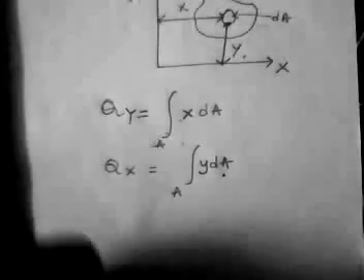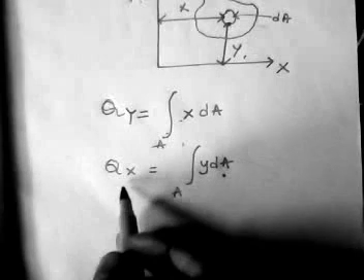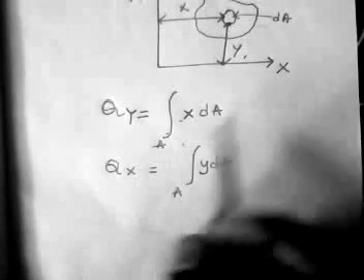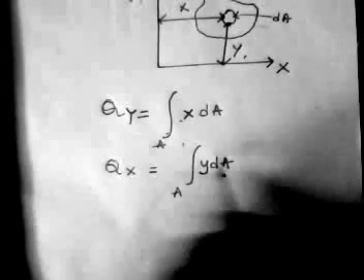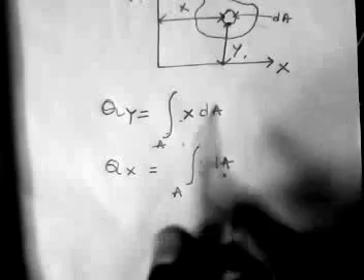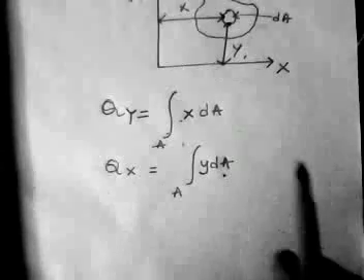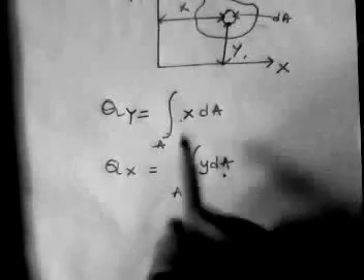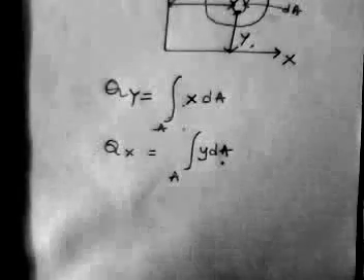If you integrate over the whole area, we will have the magnitude of the first area moment with respect to the x-axis. So we have to construct a function, and then we will have the integration process.